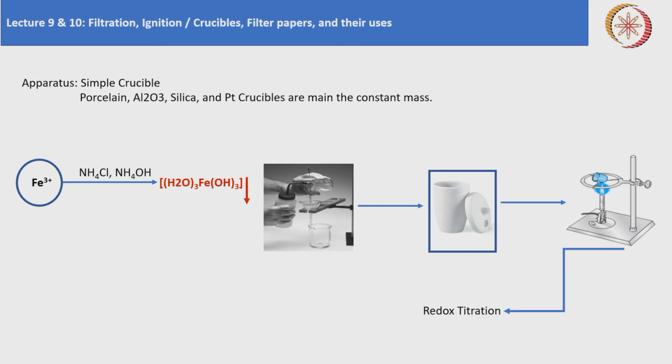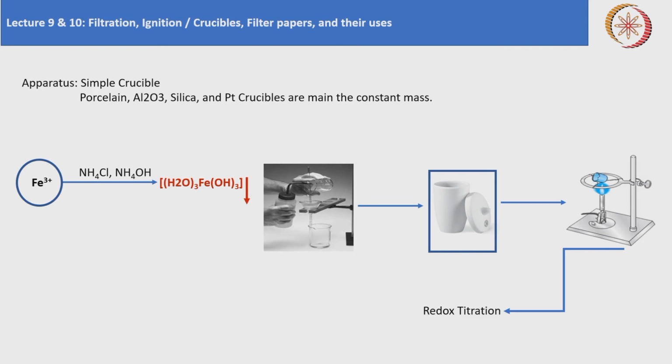They are used for different temperature ranges, if you want to do fusion or the ignition method. So it depends on the temperature at which you want to do the experiment, and on that basis we choose the crucible.